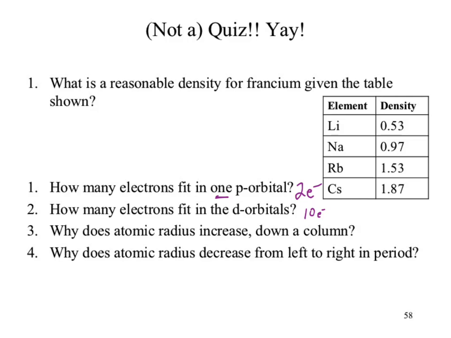The electrons go in at the exact same energy level as we move across a row. Okay? If they go in at the same energy level, what should happen to the size? If I place electrons the exact same distance from the nucleus, because that's our energy, what should happen to the size? It should stay the same. We shouldn't get any change across a row.